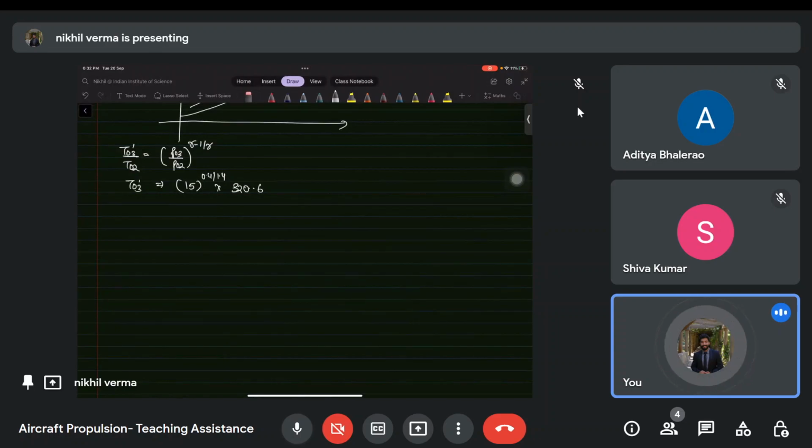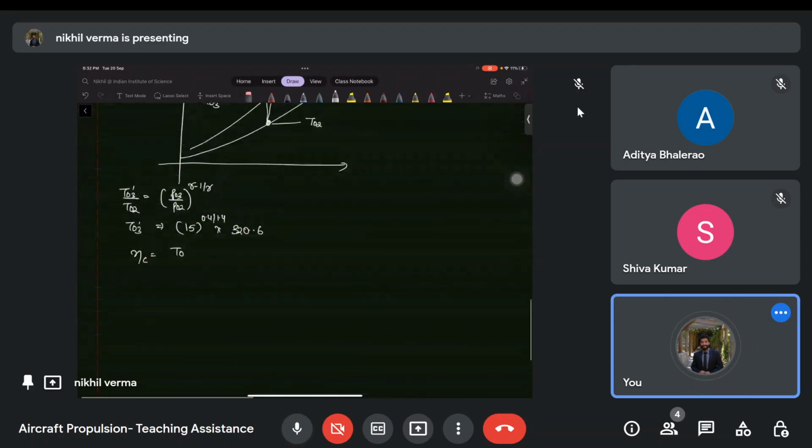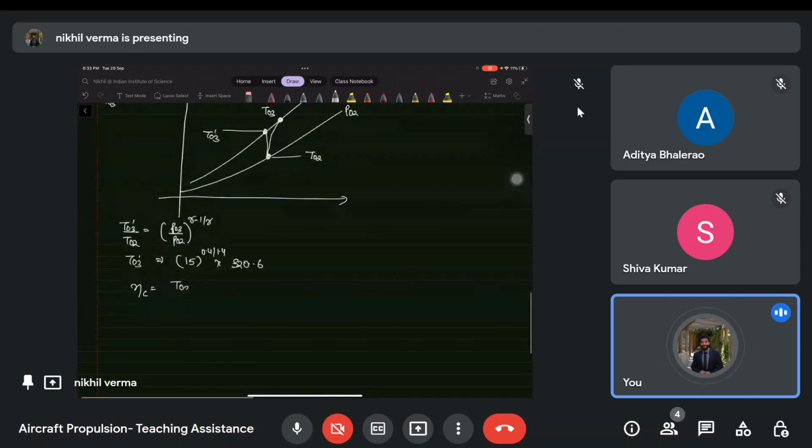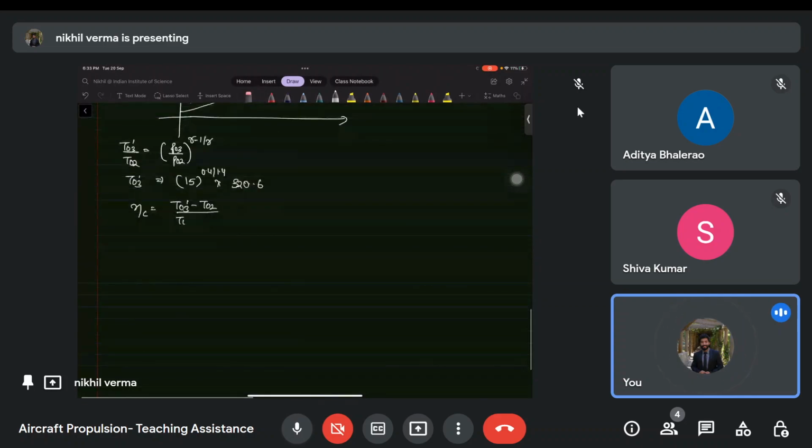Now you also know the efficiency of the compressor. Efficiency of the compressor is defined as T naught 3 dash minus T naught 2 by T naught 3 minus T naught 2. So T naught 3 is T naught 2 plus T naught 3 dash minus T naught 2 by the efficiency of the compressor.